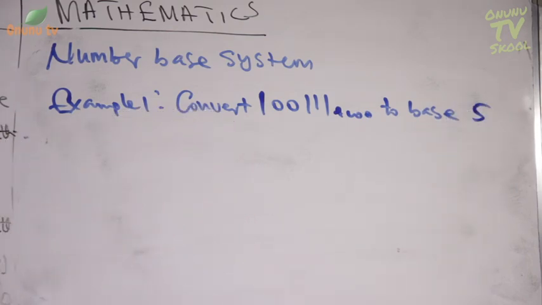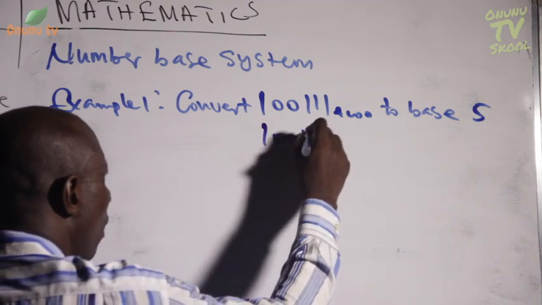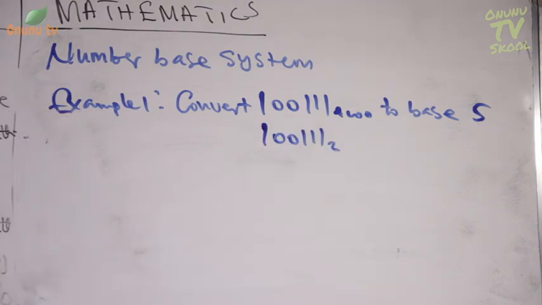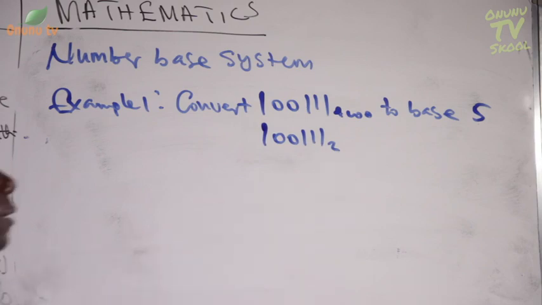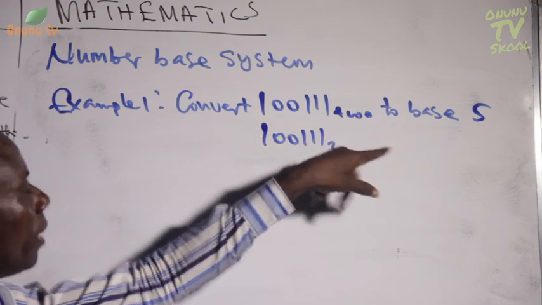This number is in base 2, or you can write it this way: 100111 with a small 2 there. It's the same thing. Either you write base 2 or you write small 2 here. Both of them are correct. So they say we should convert it from base 2 to base 5.